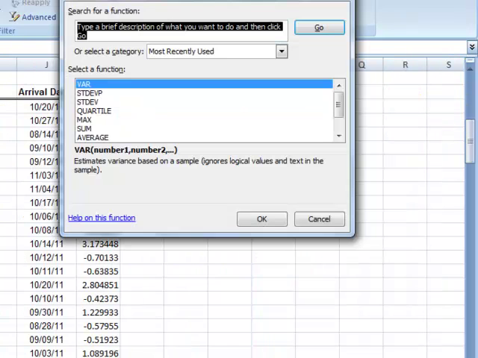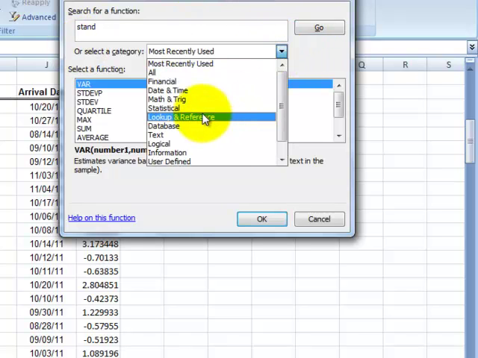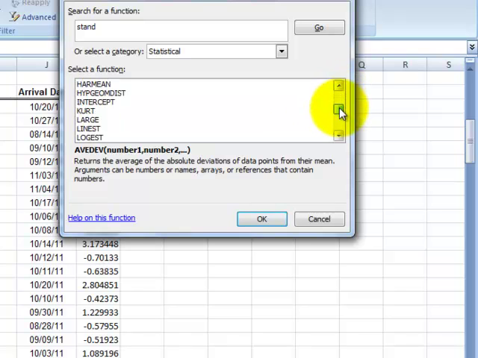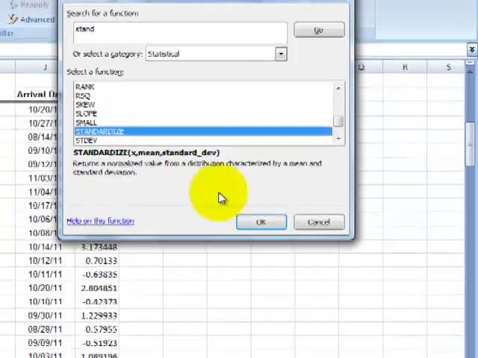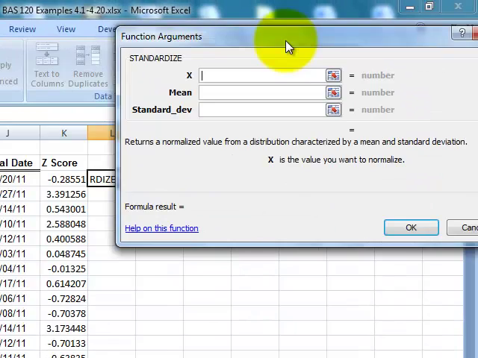You go up to F2, go to statistics and look up STANDARDIZE. All right. What is the x? Well, let's do it for all of them.